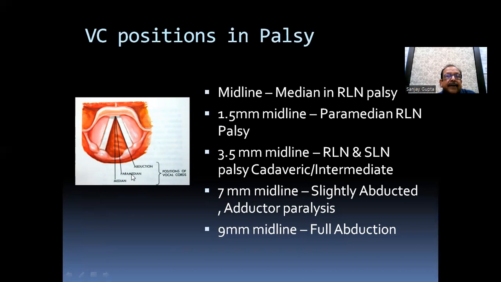Midline, paramedian and fully abducted. 3.5 millimeters away from midline in recurrent laryngeal nerve and superior laryngeal nerve palsy, which is also called cadaveric or intermediate position. 7 millimeters away from midline, slightly abducted, in adductor paralysis, where the abductors are moving but the adductor is paralyzed, and 9 millimeters away from midline, that is full abduction.